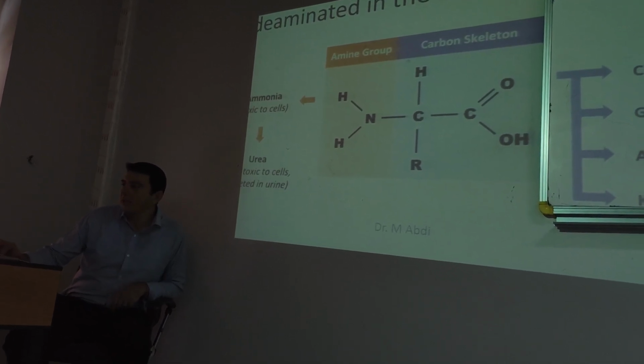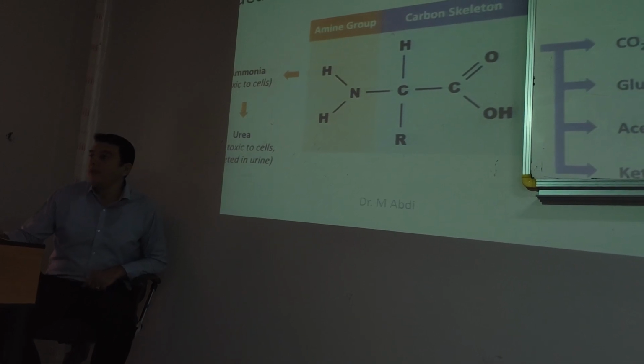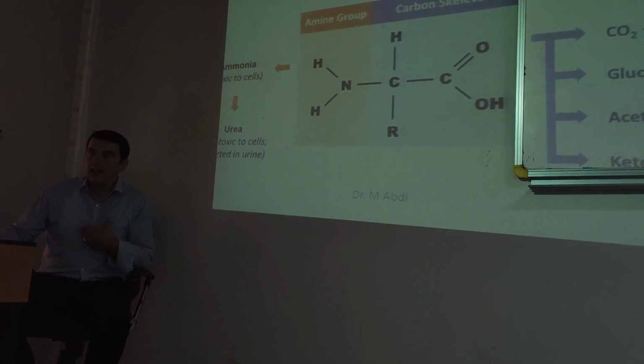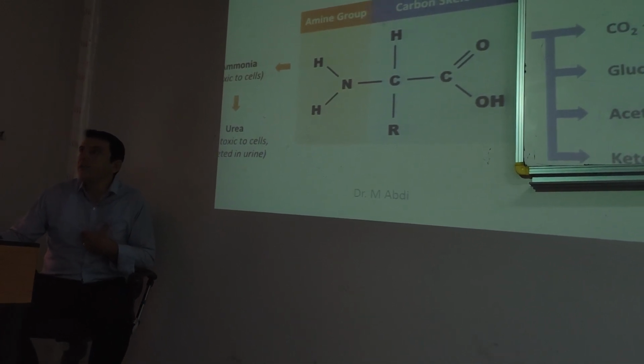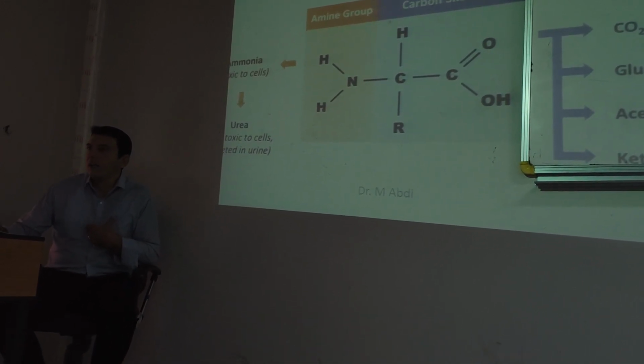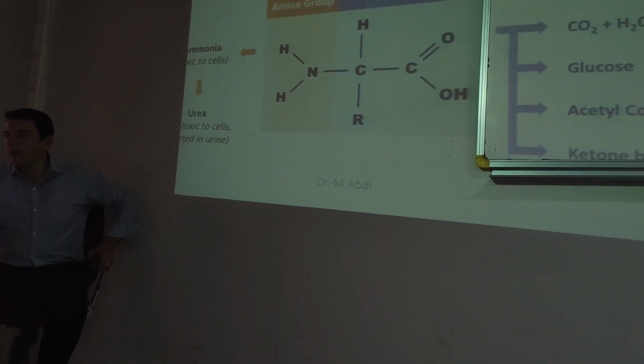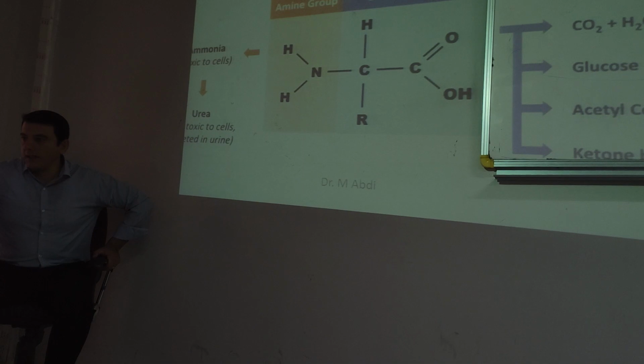ammonia is produced, which is very toxic to our cells, and it is turned to urea in our liver, which is non-toxic to cells and is excreted in urine.